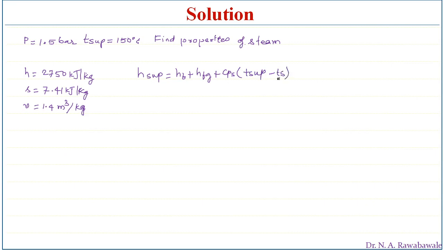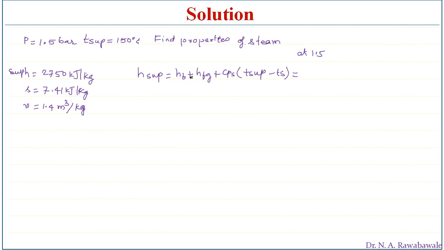This is the formula to find the enthalpy of superheated steam. From the steam table, at a pressure of 1.5 bar, we can get all these values.